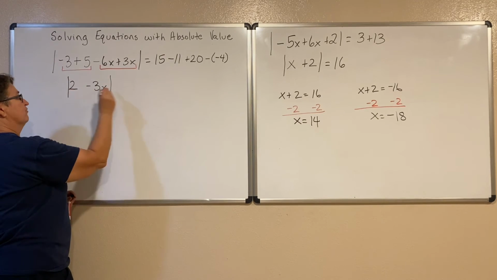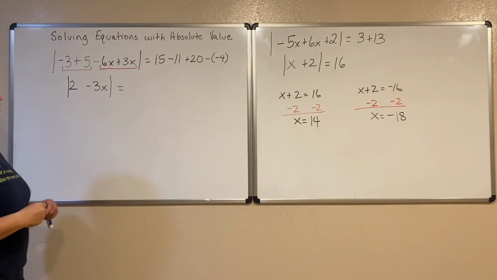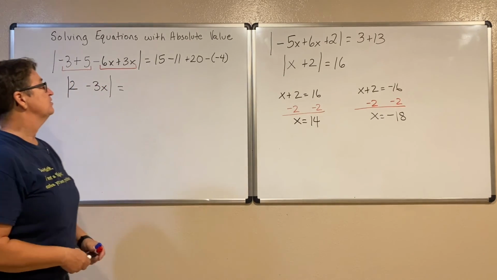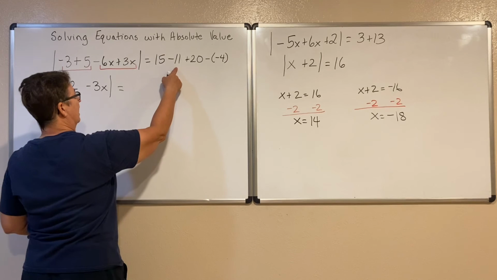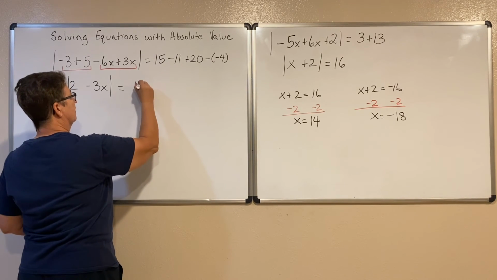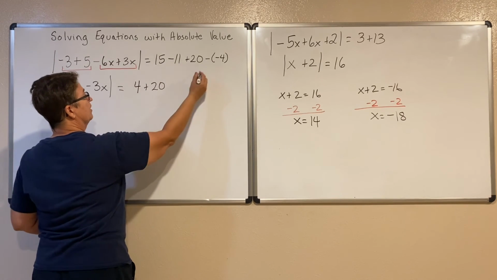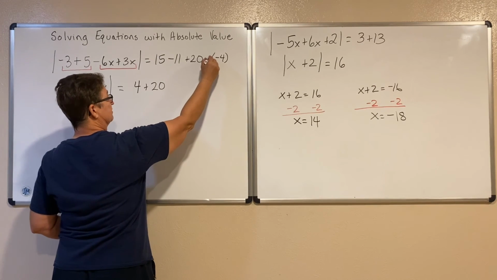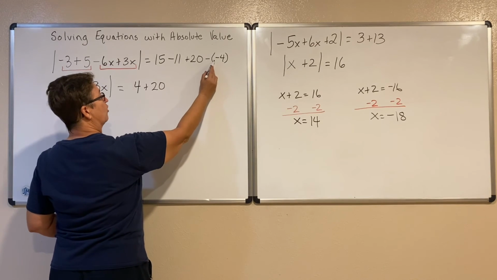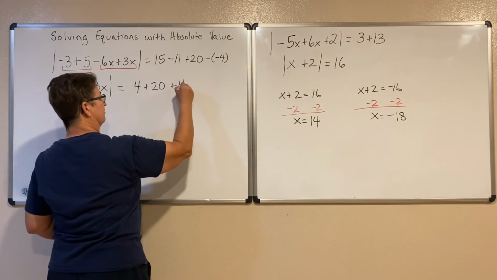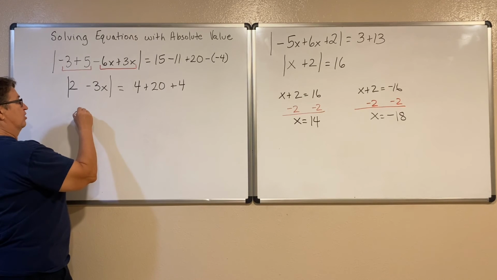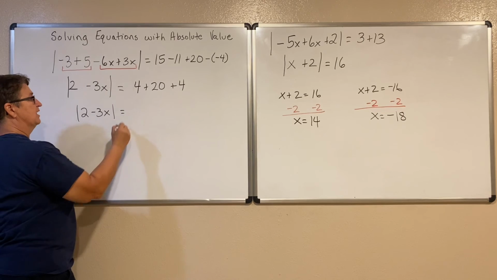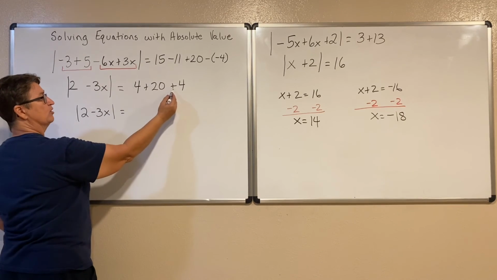Taking the absolute value of that. On the right, they're all just numbers, and I can combine all of those. So 15 minus 11 is 4. Remember, a negative times a negative is going to make that a positive. It's like there's a negative 1. Negative 1 times negative 4 makes that a positive 4. So absolute value of 2 minus 3x is equal to 24/28.